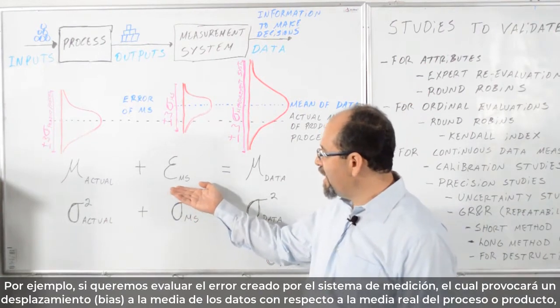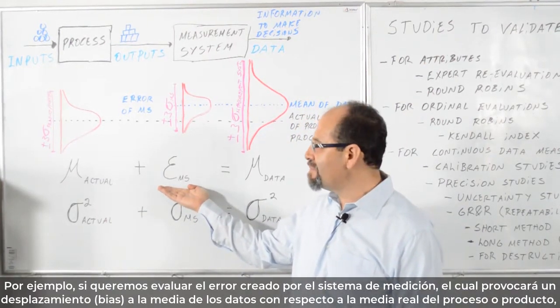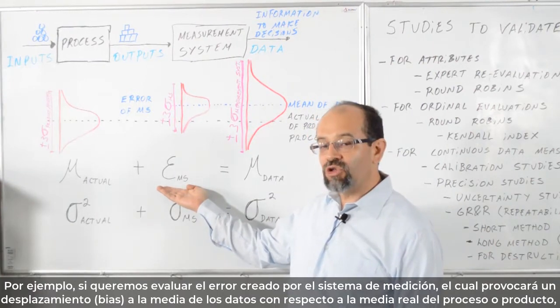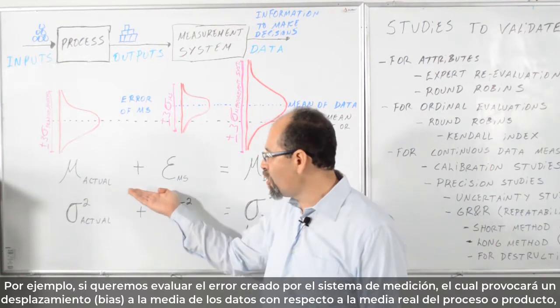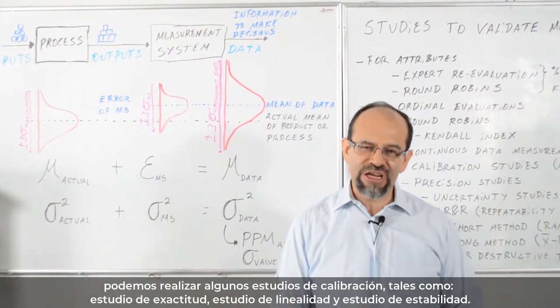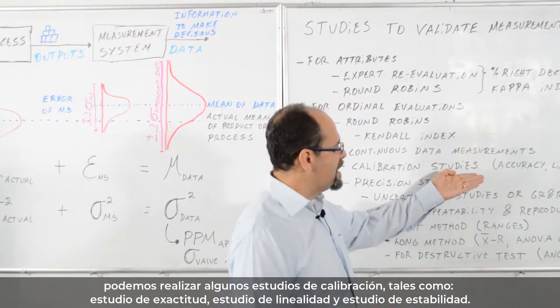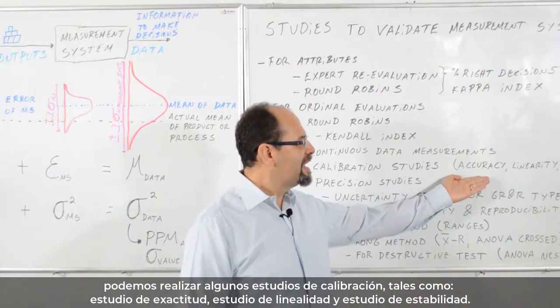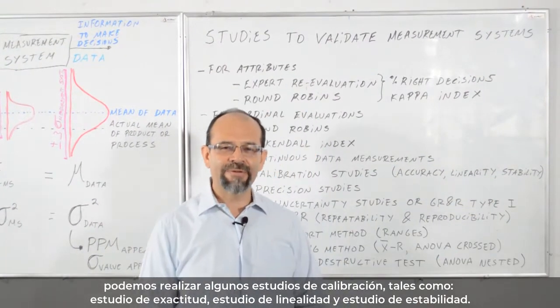For instance, if we want to evaluate the error created by the measurement system, which is introducing a bias between the actual mean of the process or product and the mean of the data, we can do some calibration studies. Those calibration studies can be accuracy study, linearity study, and stability study.